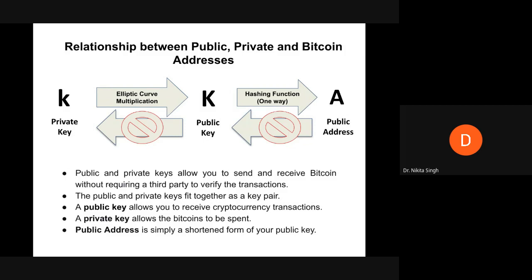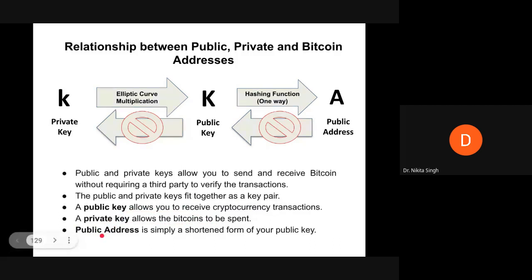So now let us see how this public key and private key function. It says here that your public key allows you to receive cryptocurrency transactions, allows you to receive Bitcoin, while your private key allows you to spend Bitcoins.